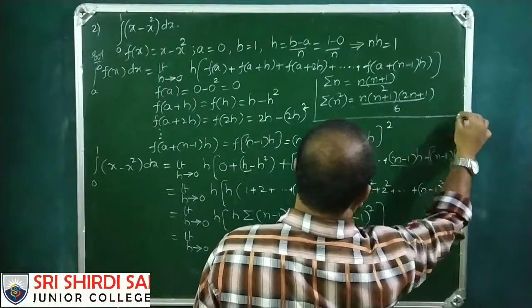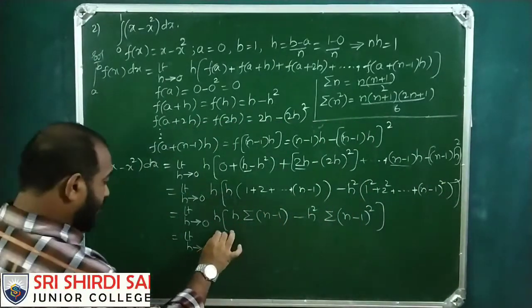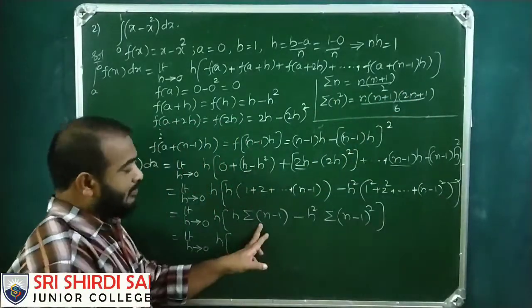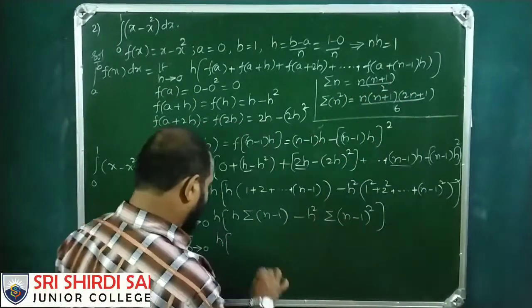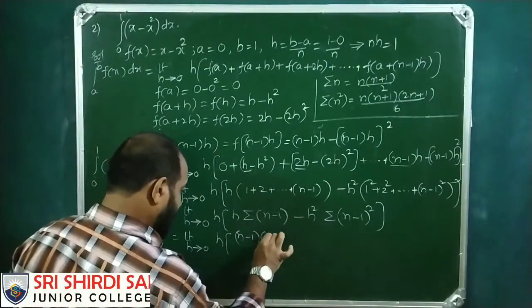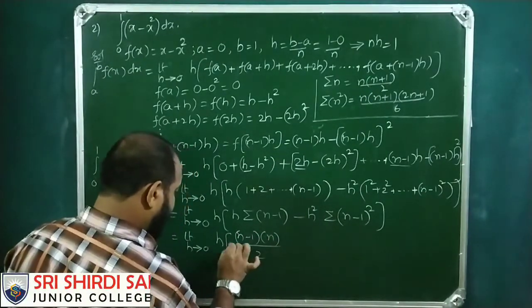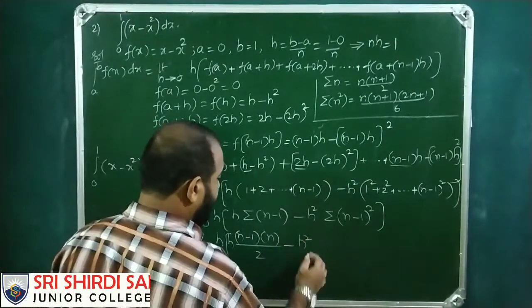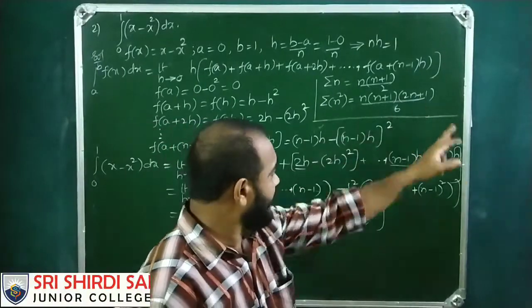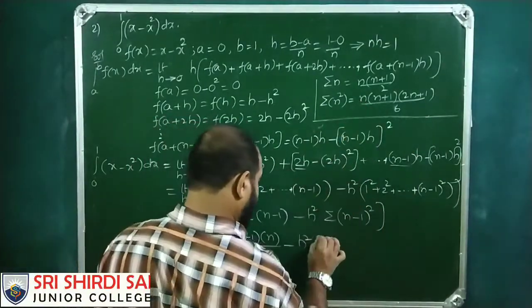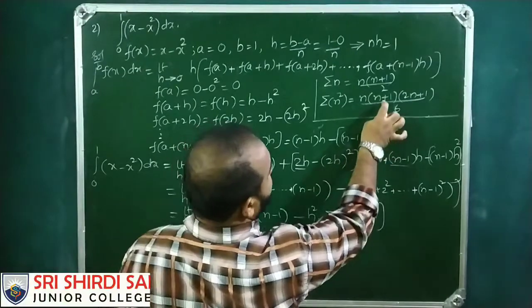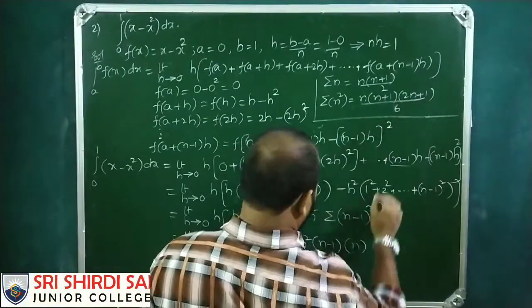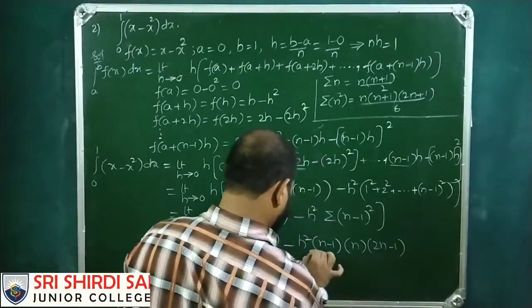This we know already. h into sigma n is n into (n plus 1) by 2. Sigma (n minus 1) is (n minus 1) into n by 2. So (n minus 1) into n by 2 times h, minus h square into sigma (n minus 1) whole square, which is (n minus 1) into n into (2n minus 1) by 6.